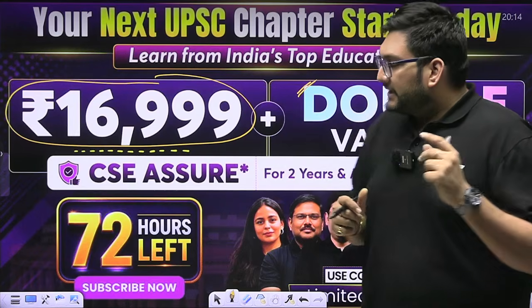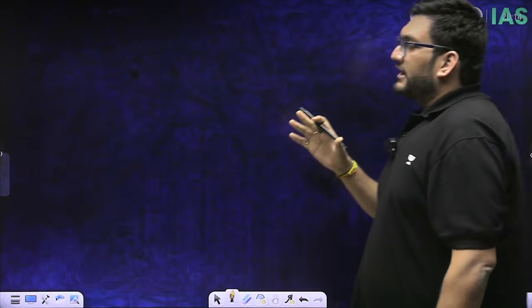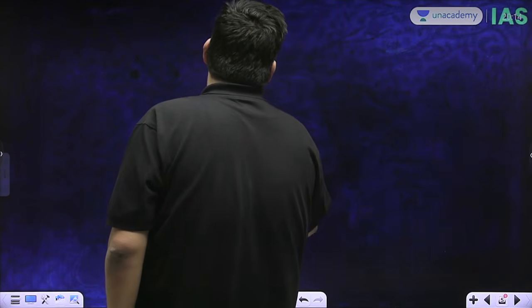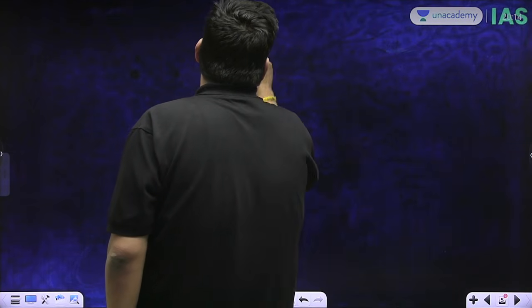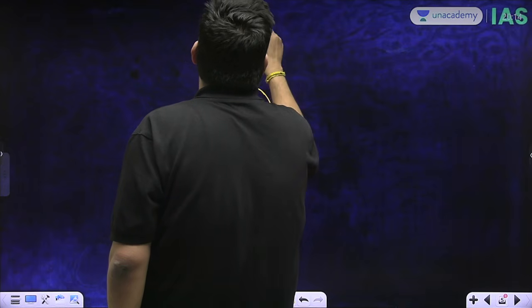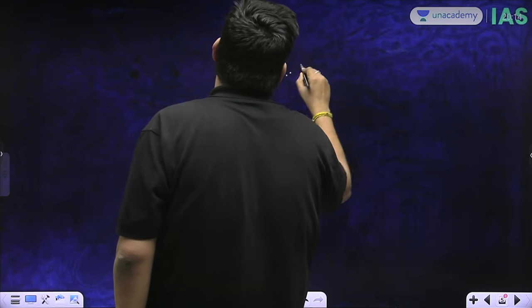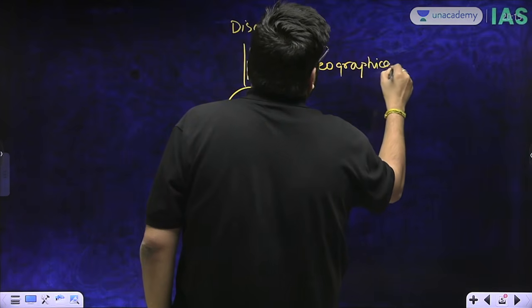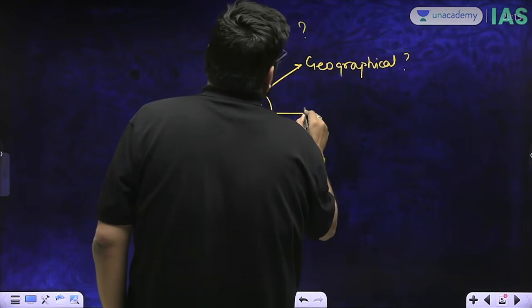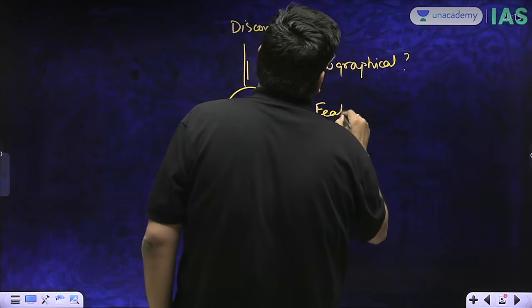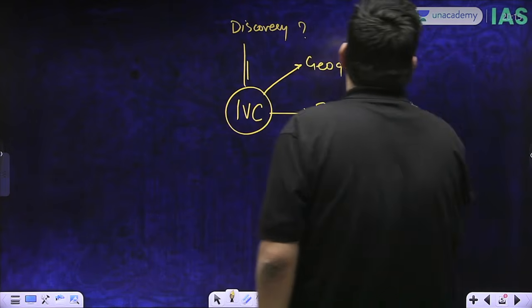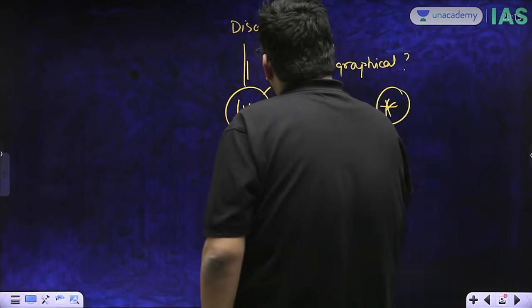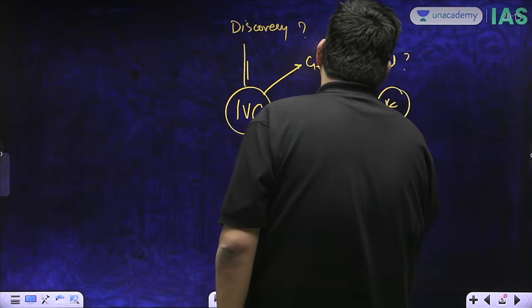Now, with this, let's try to understand what are the different topics which basically come under IVC. When we talk about Indus Valley Civilization, there is the discovery, the story behind it, the geographical extent, what comes under it, then salient features, which is a very important area. Then you have something called trade and economy.